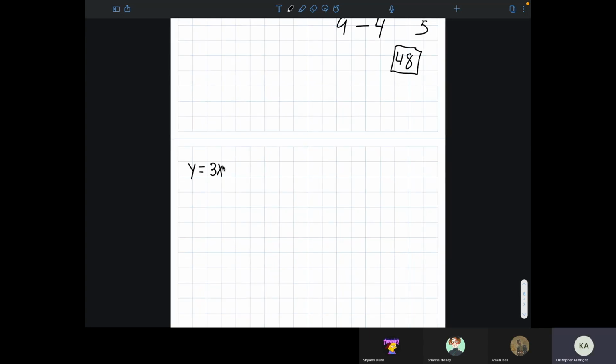And then we have a line through the points 2, 1, 4, 2, and 6, 3.